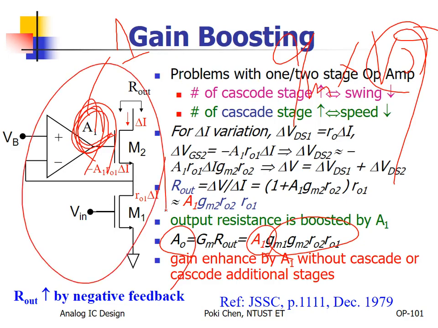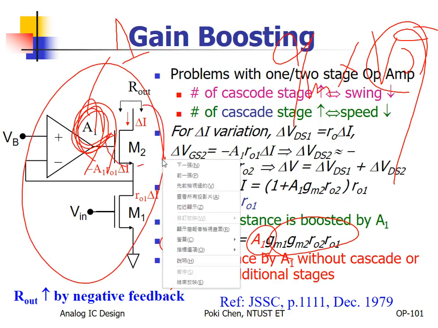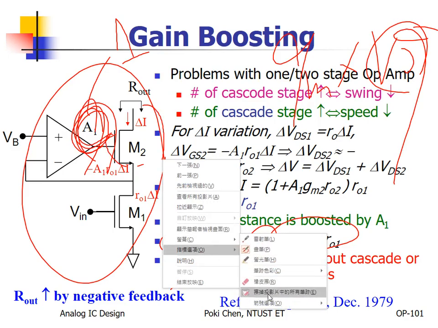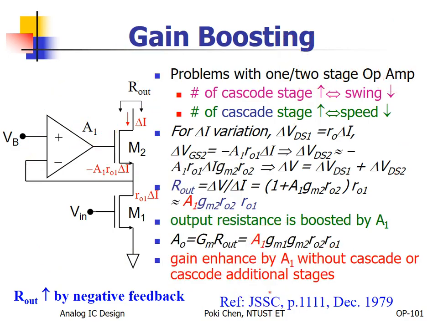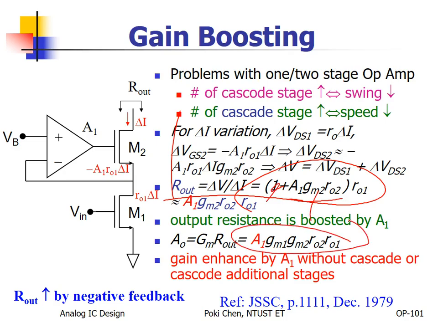How to derive it? You apply the small signal model, and I promise you, during derivation you will get this. Because A1 is really large, 1 can be neglected. So finally, you get this.